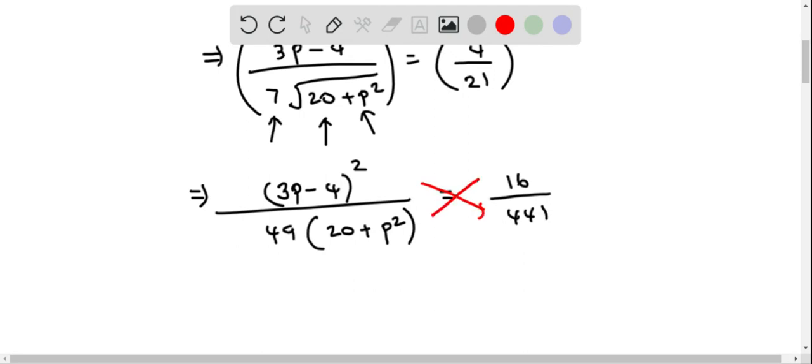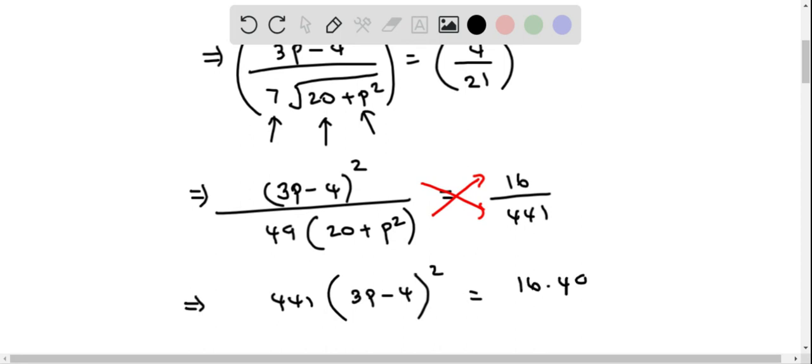So we have to do the cross multiplication of the terms like this. That is, this will become 441 times (3p minus 4) squared, and this equals 16 times 49 times (20 plus p squared).